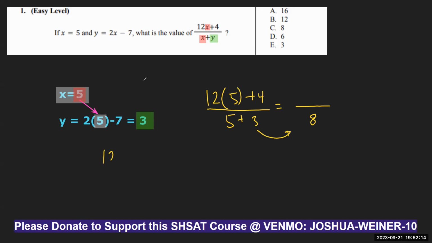If you don't know your 12 times tables, you can multiply this factor by a half and multiply this one times 2, since a half times 2 will not change the final result. And watch this. A half of 12 is 6, and 5 times 2 is 10. So we know that that's 60. Plus 4. So we get 64 over 8, which is 8.